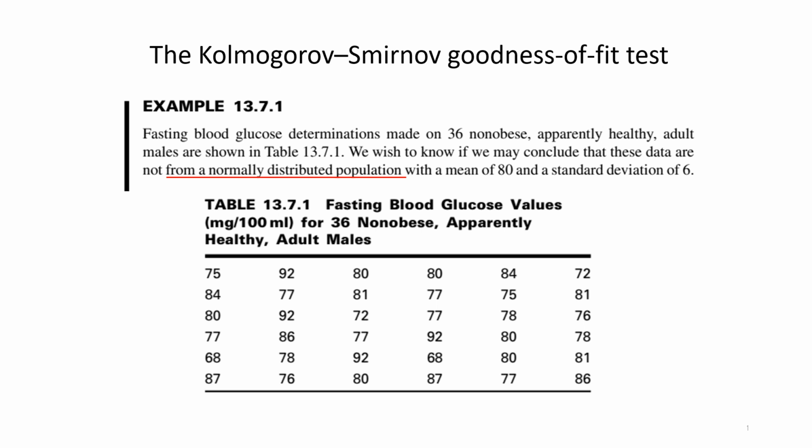The mean value is 80 and the standard deviation is 6. I just want to check whether this variable really follows a normal distribution with this mean value and this standard deviation.